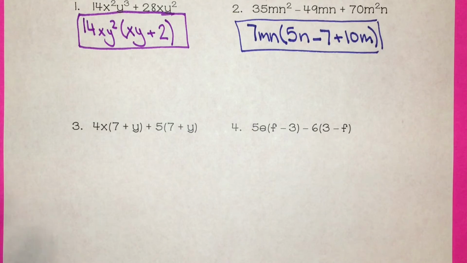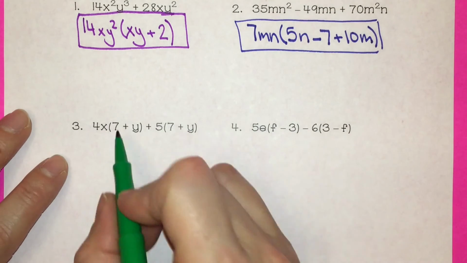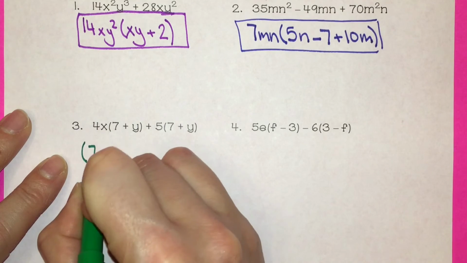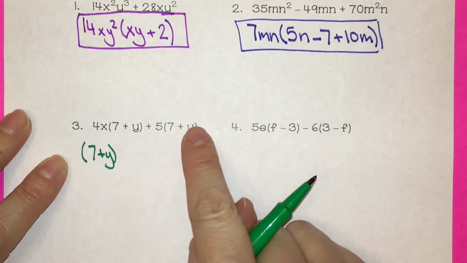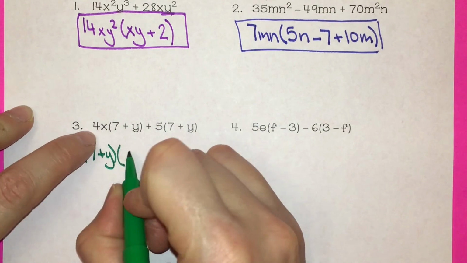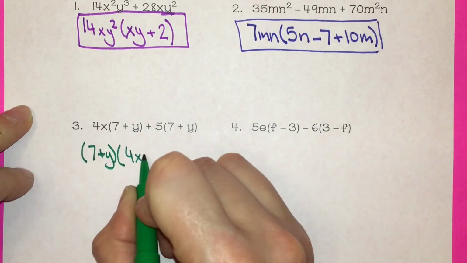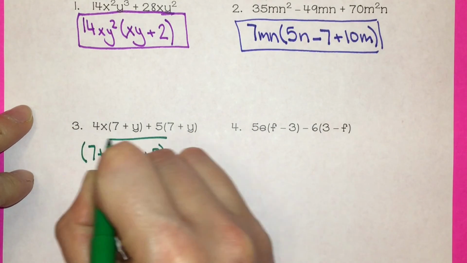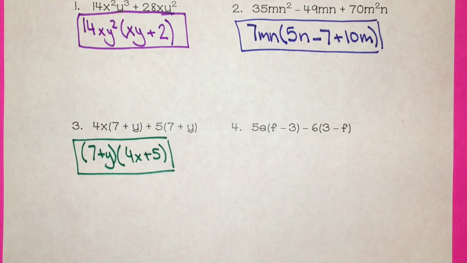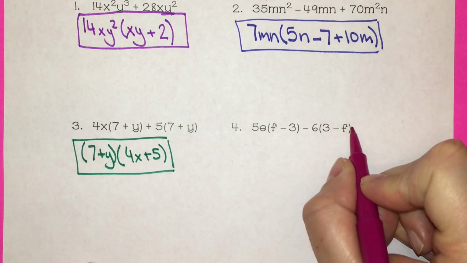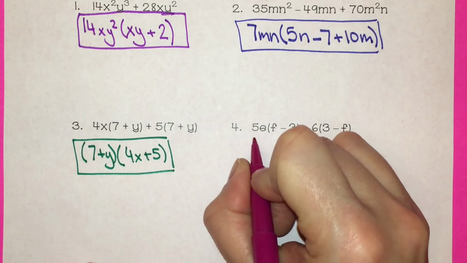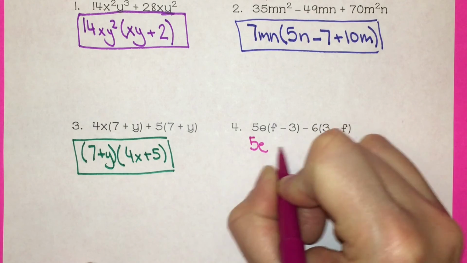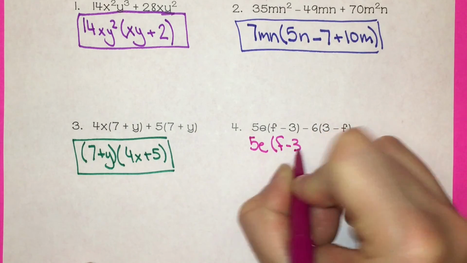All right, then here we have both are multiplied by 7 plus y, so that's what we factor out. What we're left with is 4x plus 5, and that is completely factored. Last one. All right, I'm going to factor out a -1 from that second term, so we have 5e times f minus 3.